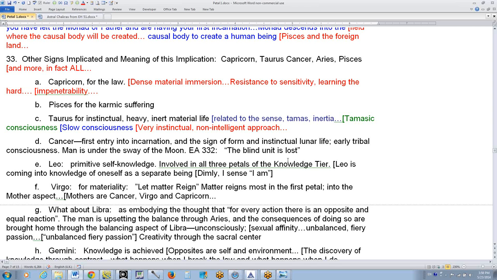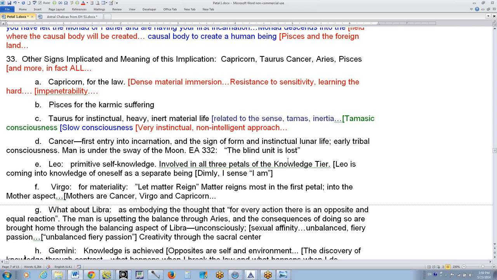There is inertia to the higher energies, but there also has to be activity, otherwise one will not survive. The one who cannot move in this petal will not survive. That's where Saturn is related to survival. Think, move, survive. But there is a Tamasic consciousness, slow consciousness, very instinctual and basically, by comparison, a non-intelligent approach.